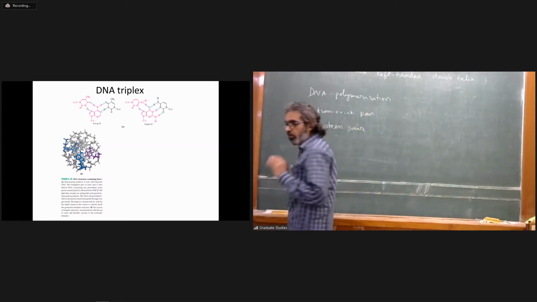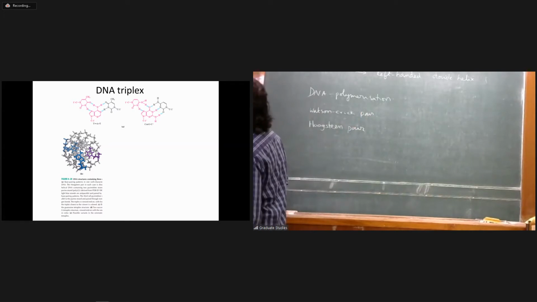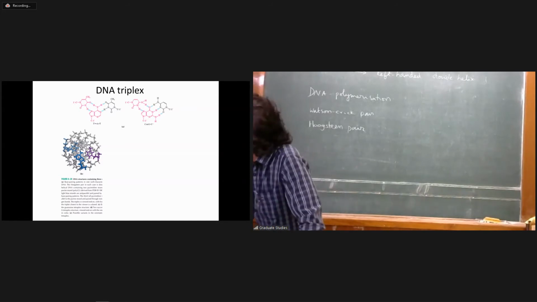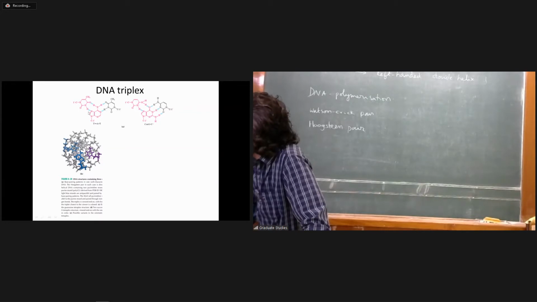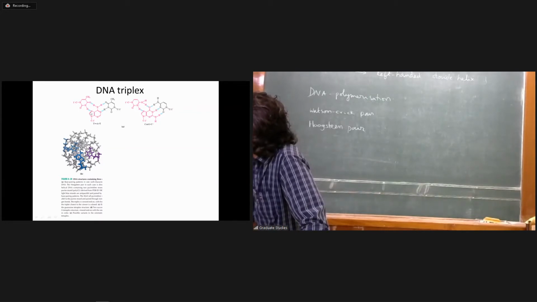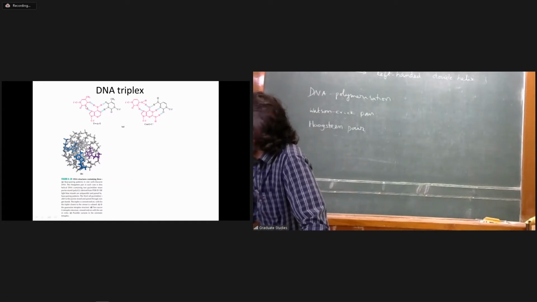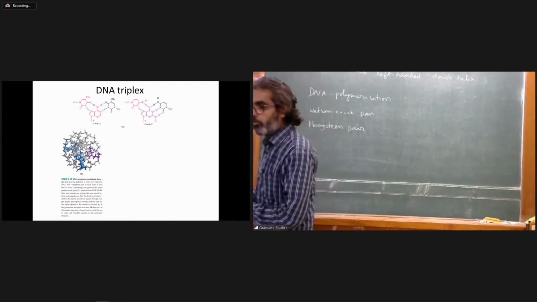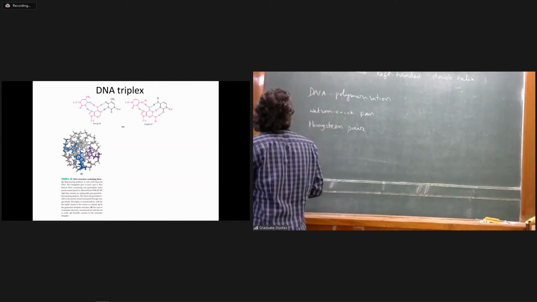So the normal way of hydrogen bonding is called Watson-Crick, and these hydrogen bonds are called Hoogsteen pair, because these atoms are often called Hoogsteen atoms. So this nitrogen on adenine is a Hoogsteen, and sometimes even this nitrogen and oxygen are also called Hoogsteen. Okay. So can anyone point out what the differences are between Watson-Crick pair and Hoogsteen pair?